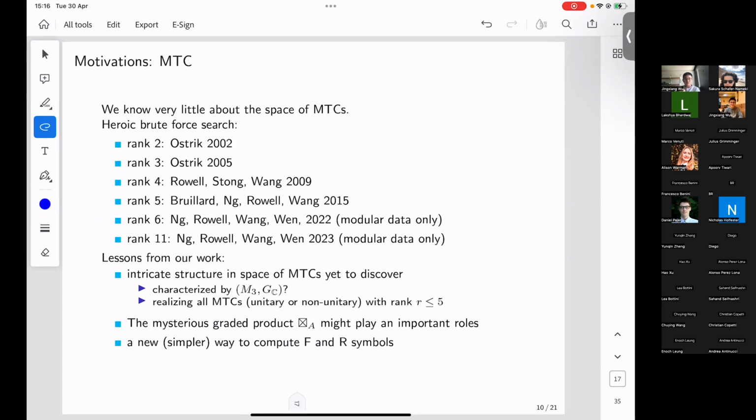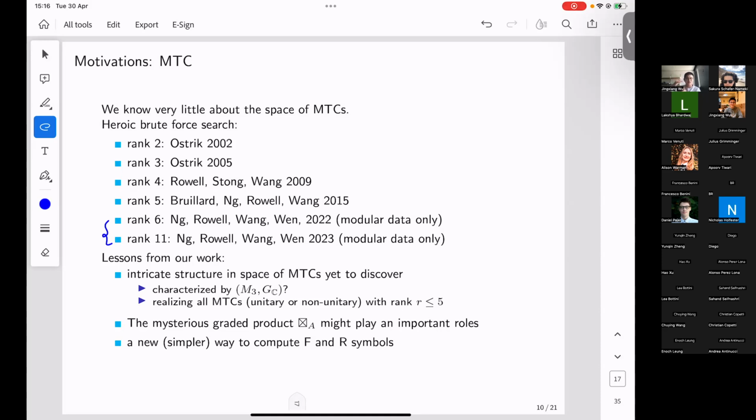Very quick question. Yeah, sure. So are they sure that these MTCs exist then? No, because, you are seeing the last two papers, right? They don't know the F and R symbols. Exactly. So roughly speaking, they haven't checked all the possible consistency relations.